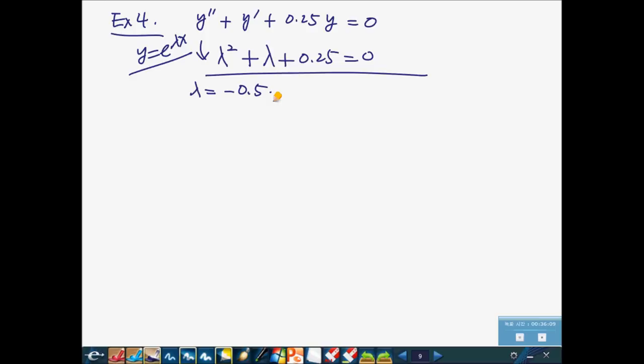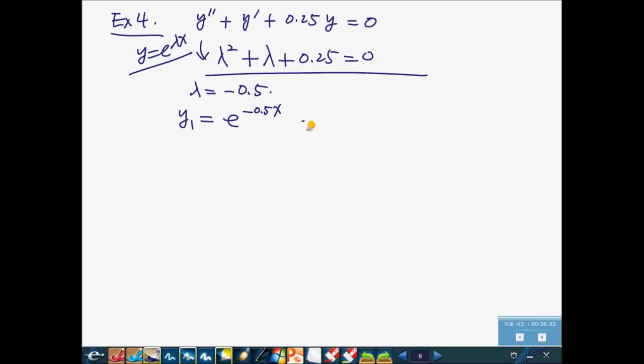Only one root. Okay? So in that case, you have y1 to be e to the minus 0.5x. Okay? And you already know that since this is just one reduction of order, u is x all the time.